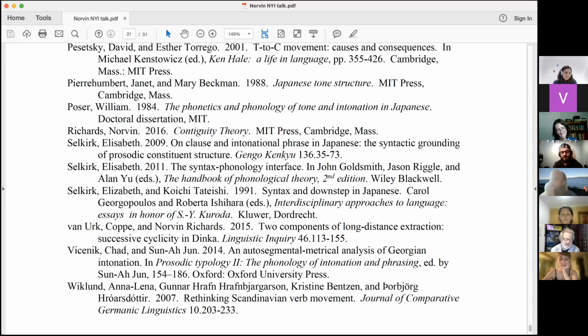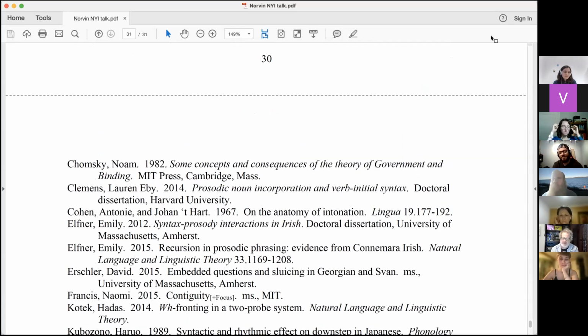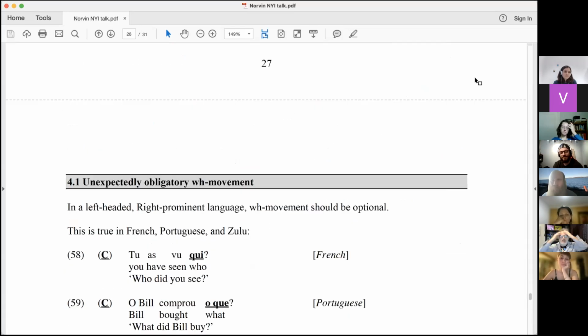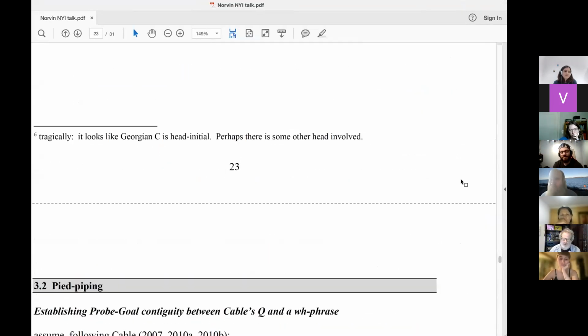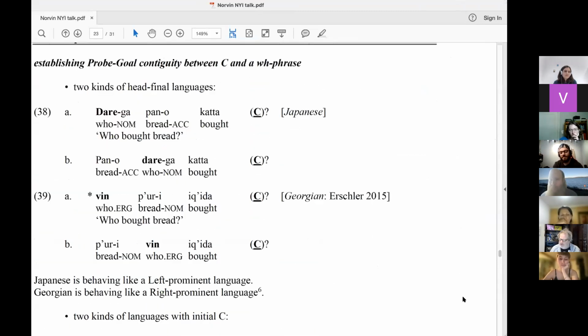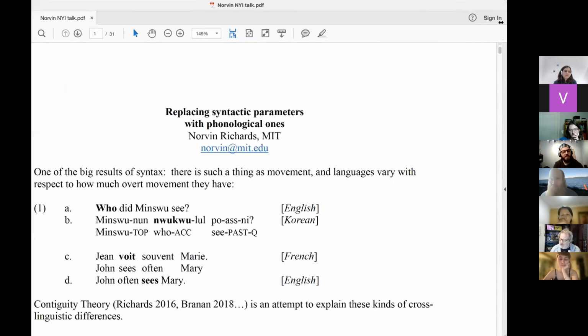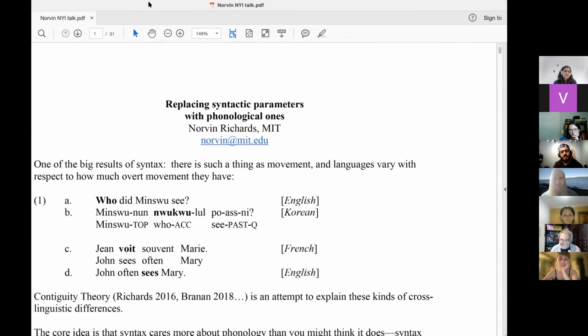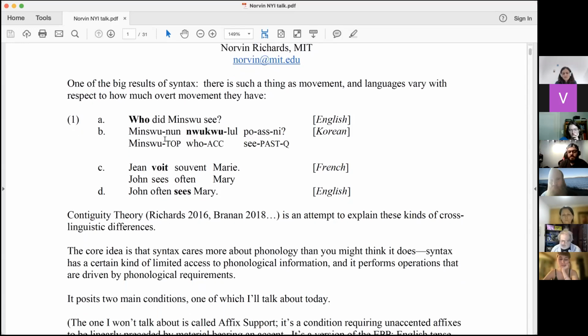Let's go back to the first two classic cases, verb raising to T, which French has and English doesn't classically, and WH movement versus overt WH movement.